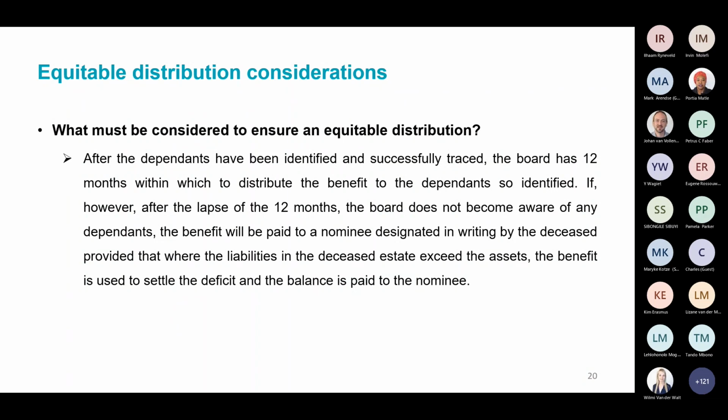If, however, after the lapse of the 12 months, the board does not become aware of any dependents, the benefit will then be paid to a nominee designated in writing. That's important. The nominee must be designated in writing by the deceased, provided, as I said, that where there are liabilities in the deceased estate, the benefit has to be used to settle the deficit, and then the balance is paid to the nominee.